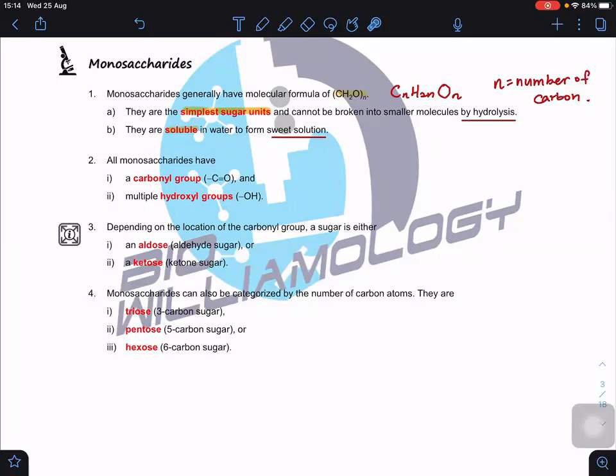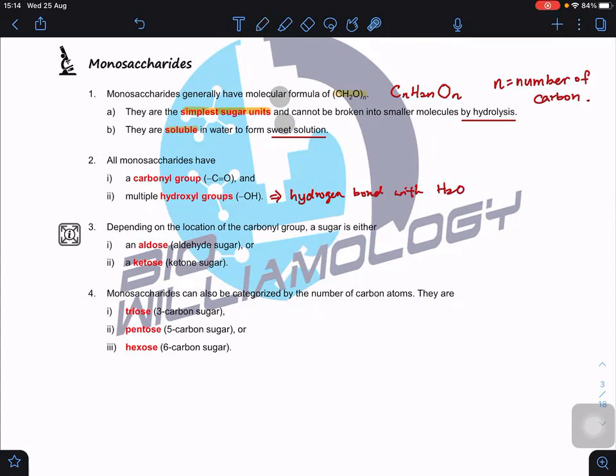Remember, the OH group is very important: O is slightly charged negative, hydrogen atom slightly charged positive, so the hydrogen atom can interact with water molecules, forming hydrogen bonds. Write down: because of hydroxyl groups, they are able to interact with water molecules by forming hydrogen bonds with water molecules. Therefore, they dissolve in water.